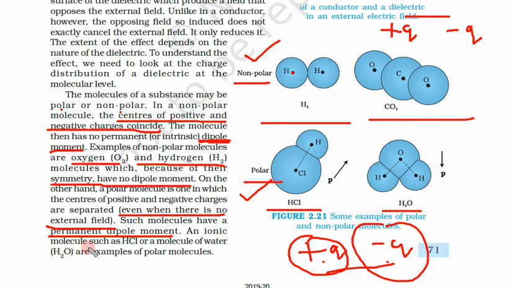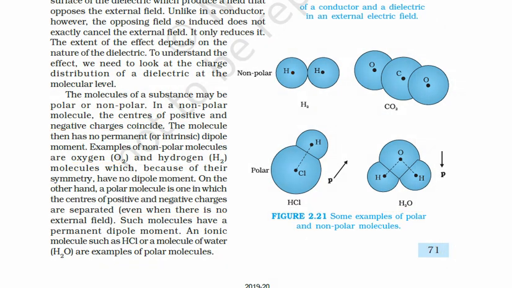Examples of polar molecules are ionic molecules such as HCl, and H2O. So we have seen two types of molecules: non-polar, where there is no separation between positive and negative charges, and polar molecules where there is a separation between positive and negative charges.